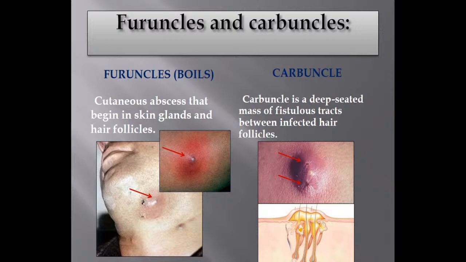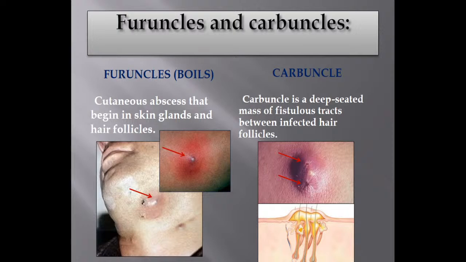And next, a few words about furuncles and carbuncles, and I hope you all know what they are. Furuncles or boils are cutaneous abscesses that begin in the skin glands and hair follicles, and they are very specific in their manifestations. And can you distinguish an abscess from a furuncle? Of course, by visual examination you can understand if it's an abscess of different etiology, or it's a furuncle.